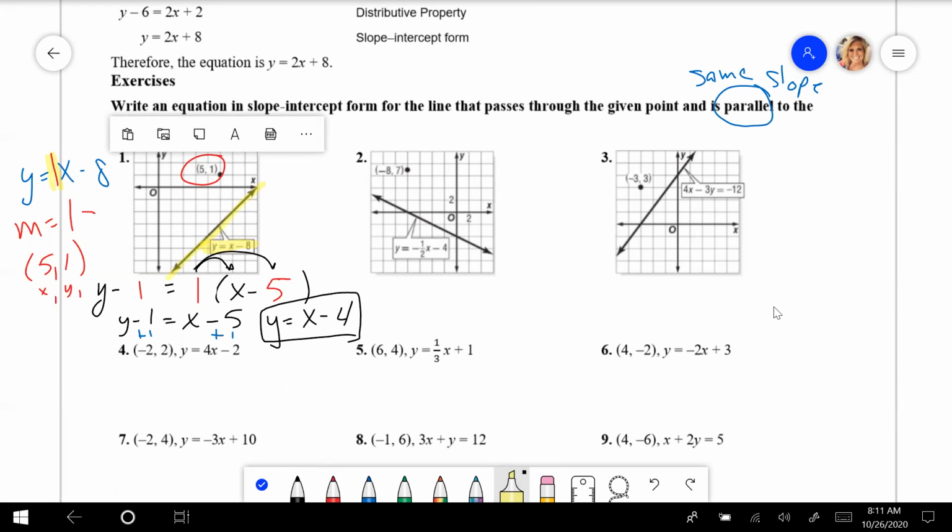Why don't you take a second and try to do number 2 if you're understanding what we're doing. So for number 2, it's already in slope-intercept form. y equals negative 1/2 x minus 4. So you're going to use this slope and this point.